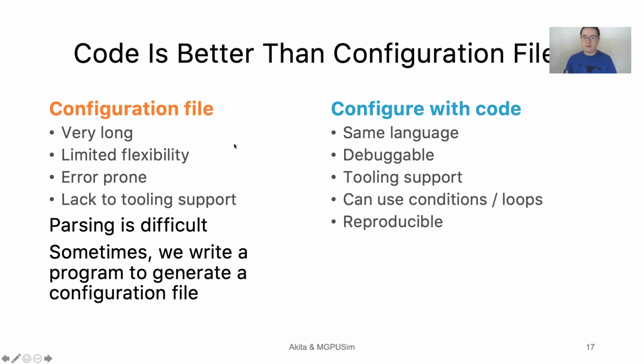If we configure with code, then we can keep the binary or the source code unchanged, so that we can ship the source code or the binary simulator to another researcher. Then another researcher can reliably reproduce the result. So in this way, we define the configuration file as just directly using the Go code.